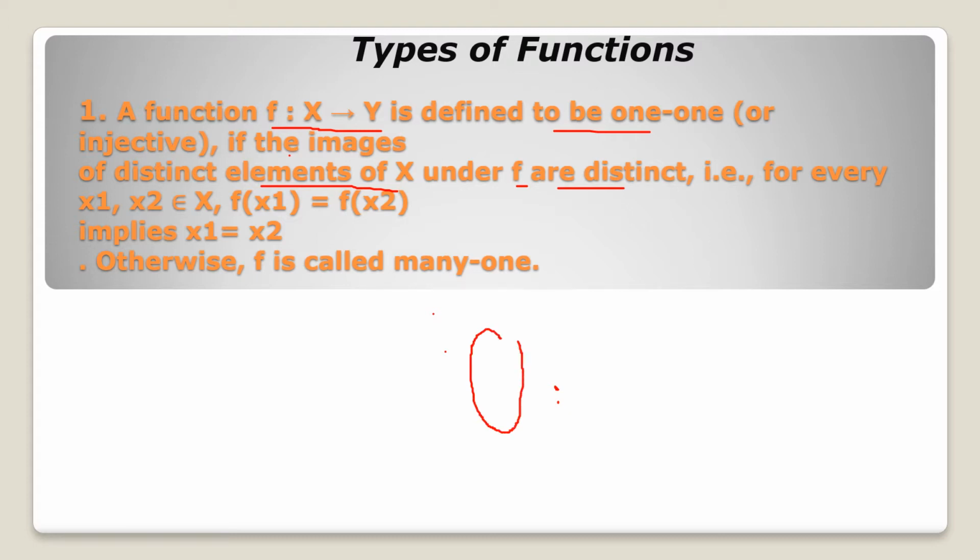Means if this is a function from x to y, and let us suppose there are three elements here and four elements there.